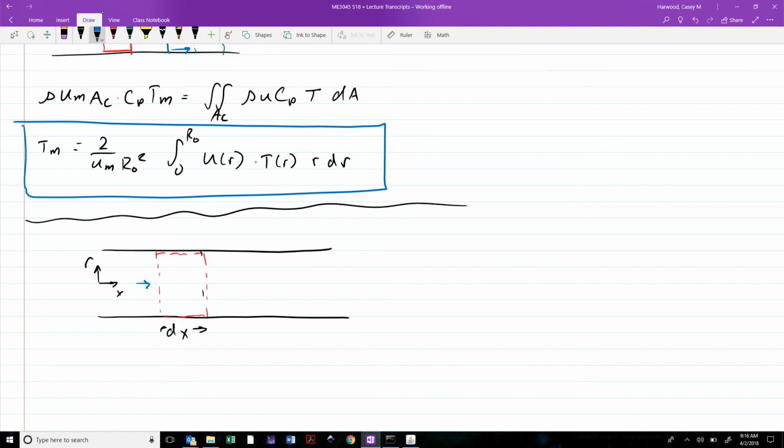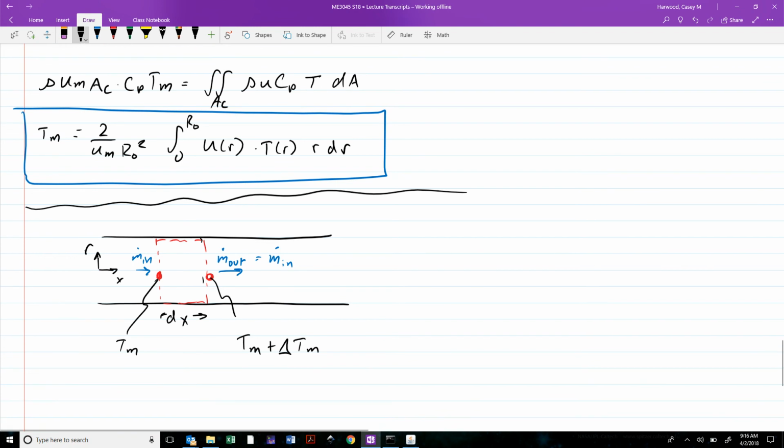We'd say that we have m dot in flowing in and m dot out flowing out, and those are going to be the same quantity. And we say that the temperature up here is going to be Tm, and the temperature where it leaves this control volume is going to be Tm plus some small jump in the mean temperature.